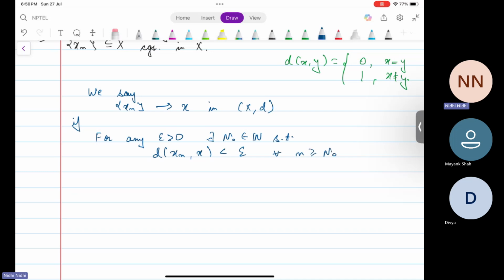So all the terms coming after x_n naught are very close to x. That's how we define convergence.